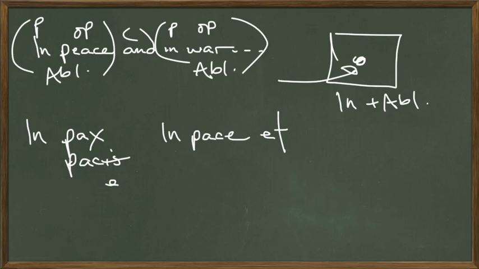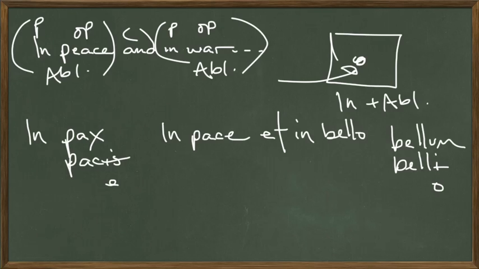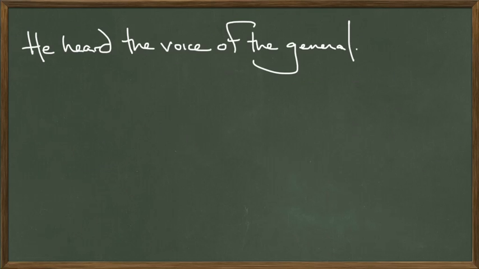Et is pretty easy. Bellum is war. In the genitive, it's belli. And in the ablative, it is bello. So, in pace et in bello.